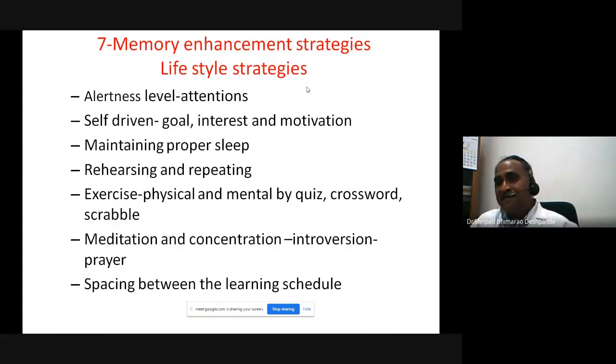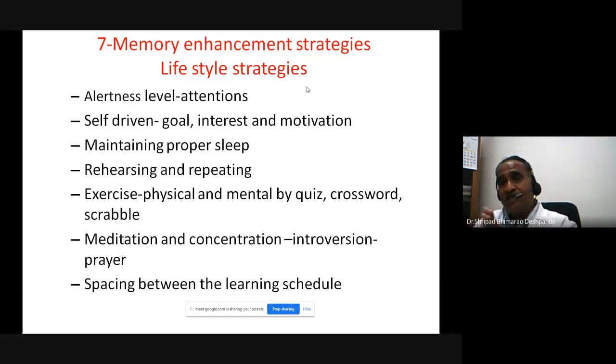The third thing is to maintain proper sleep duration, because sleep, besides many other functions, is necessary for consolidation and storage of memory. For that reason, you should have good REM sleep for memory consolidation. The fourth thing is to rehearse and repeat at frequent intervals so that you stabilize and consolidate your memory, and it's stored well.